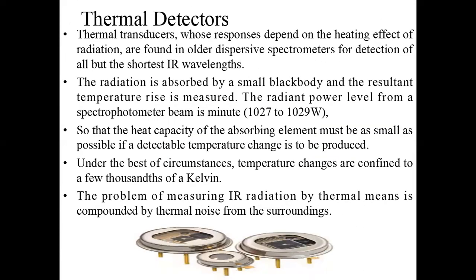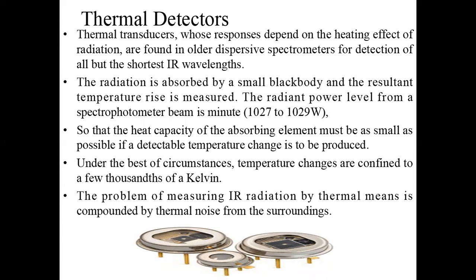Thermal detectors. Thermal transducers, whose responses depend on the heating effect of the radiation, are found in older dispersive spectrometers for detection of all but the shortest IR wavelengths. The radiation is absorbed by a small black body and the resultant temperature rise is measured.